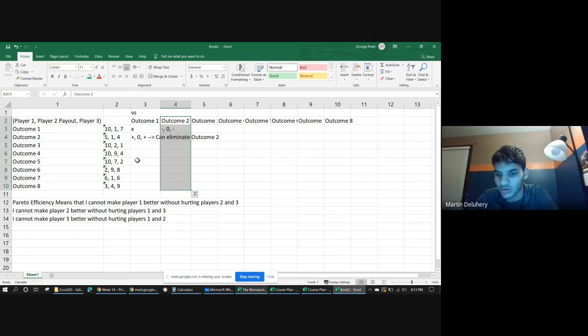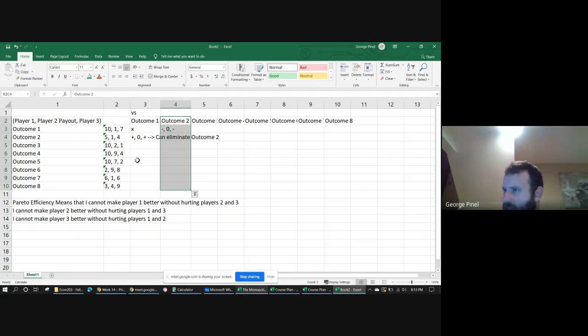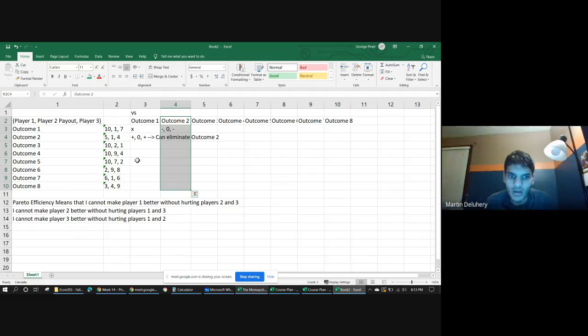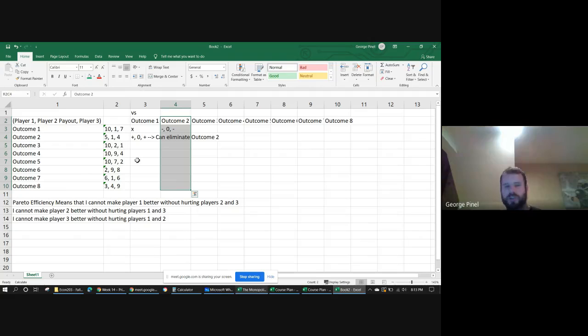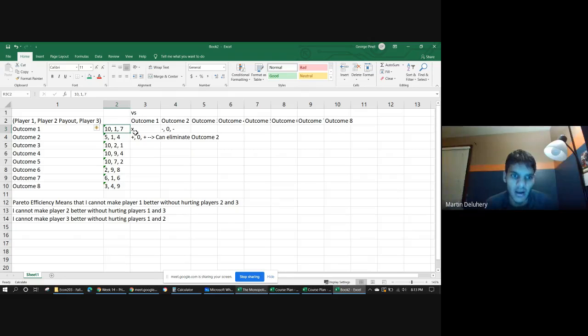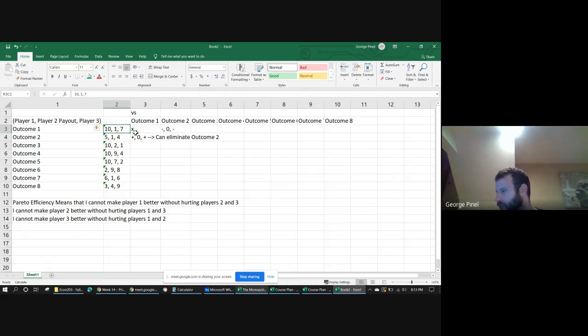Are we trying to find the best combination where all three players gain, or the combination where one player gains and two players lose? I don't understand your question. Let me rephrase it. There's going to be a combination here where you add up all the numbers and you get a really high one, right? That doesn't necessarily mean it's Pareto efficient though.